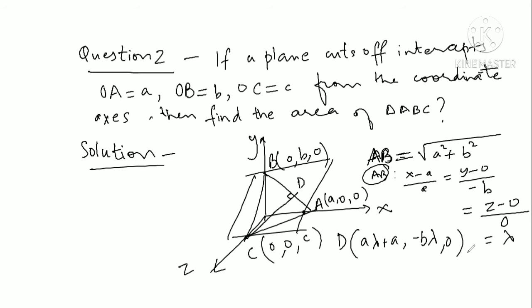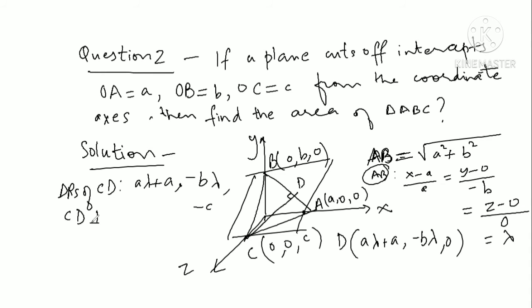Now we can write the direction ratios of CD by subtracting the coordinates of C. So a lambda plus a minus 0 is a lambda plus a, minus b lambda minus 0 is minus b lambda, and then 0 minus c is minus c.